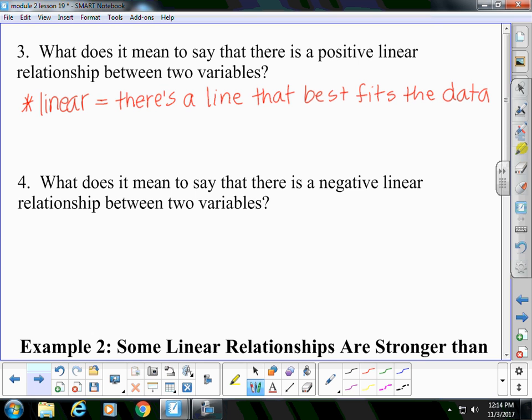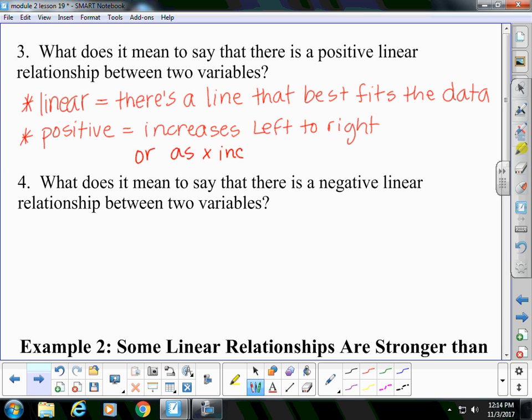Positive means that it's increasing, or it has a positive slope. It's increasing from left to right. Or we could also say, as x increases, y increases.